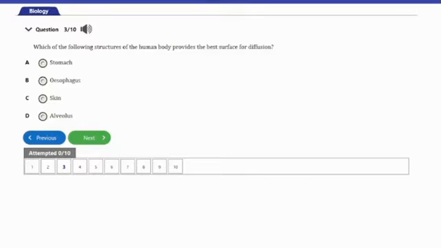So every air that passes into the system has to go across the alveolus and then into the human system. So that's the best part in the human body that provides the best surface for diffusion. That's the alveolus, and that's option D here.